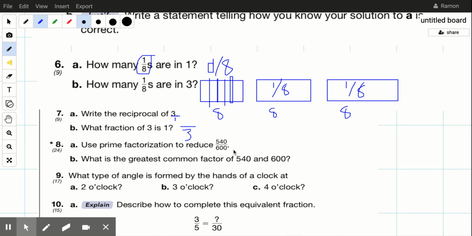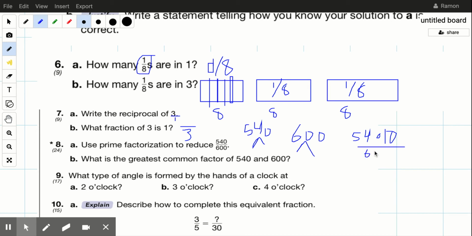Use prime factorization to reduce 540 over 600. You want to find the prime factorization of each of these first, 540 and then 600. You can use your factor tree for this. I'm going to get you guys started though. Let's go with 54 times 10, and then 60 times 10.